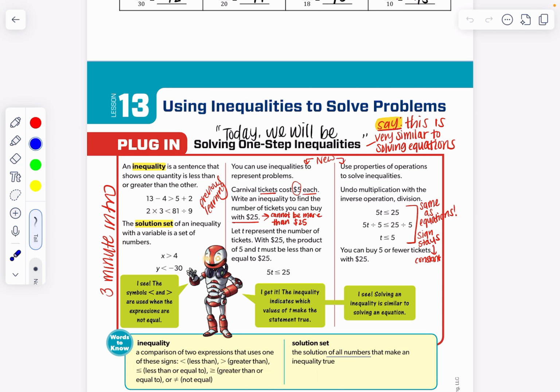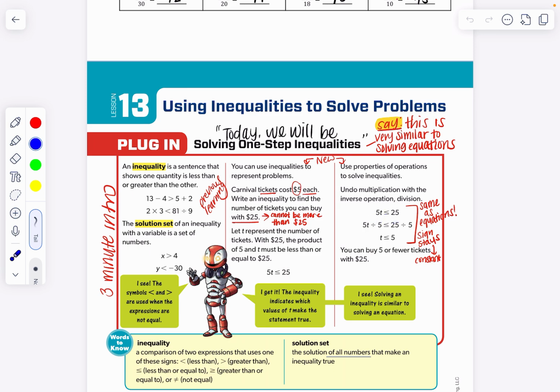So our goal is to isolate the variable. Right now we see that the variable t is being multiplied by 5. In order to get rid of t being multiplied by 5, we would then have to divide by 5 on both sides, right?